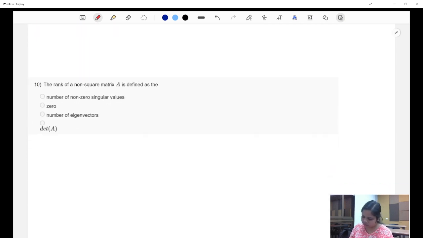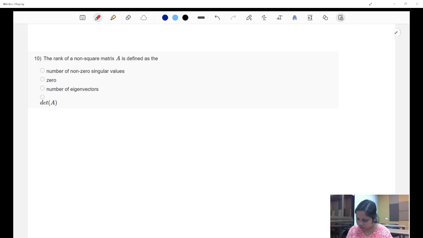The last question is: the rank of a non-square matrix A is defined as what? Let's say we want to find the sigma matrix from singular value decomposition.